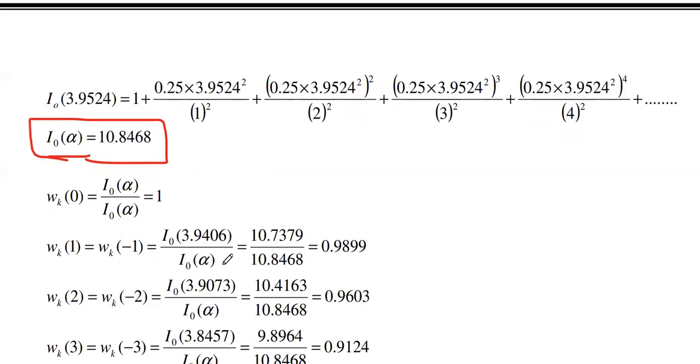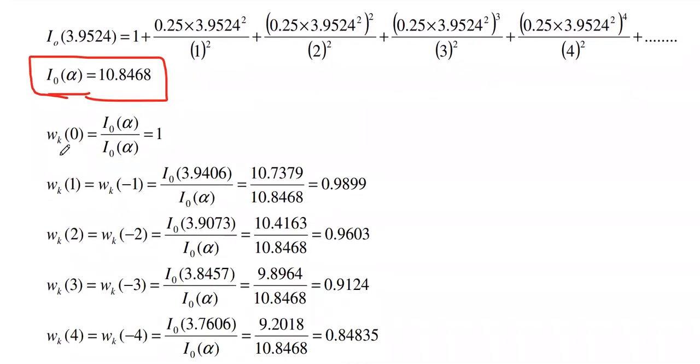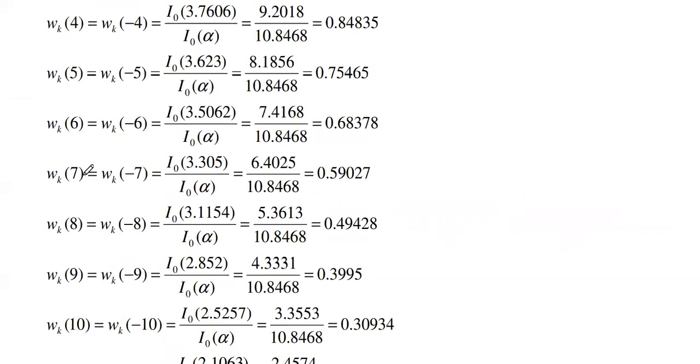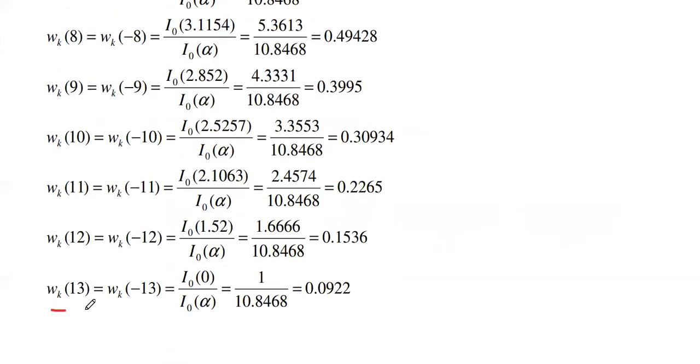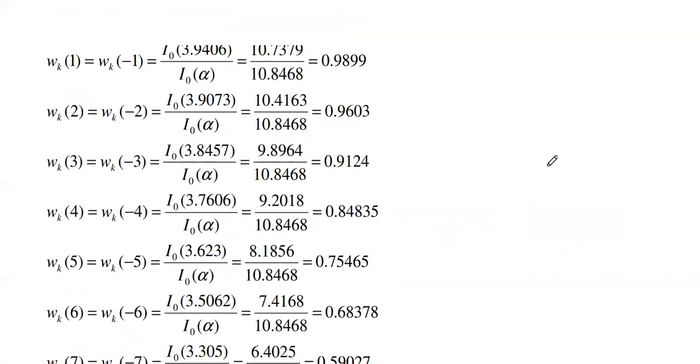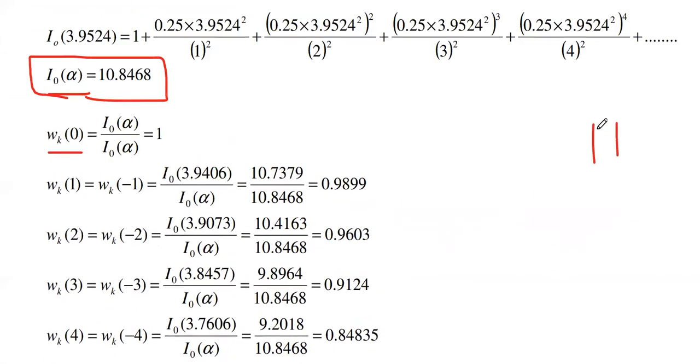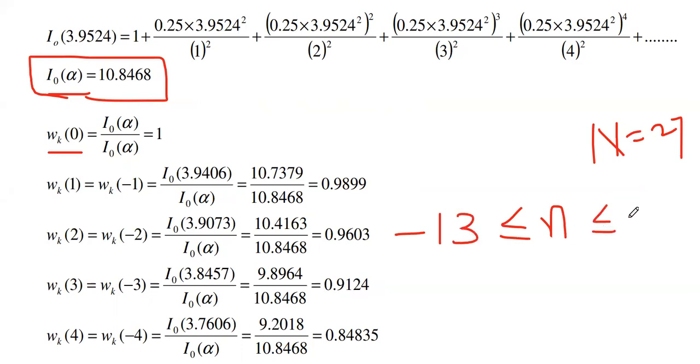Once you have calculated that, we have to calculate the various windowing sequence, wk of 0 up to wk of 13, since the capital N is equal to 27. Capital N is 27 means we have to calculate the windowing sequence for minus 13 to plus 13.